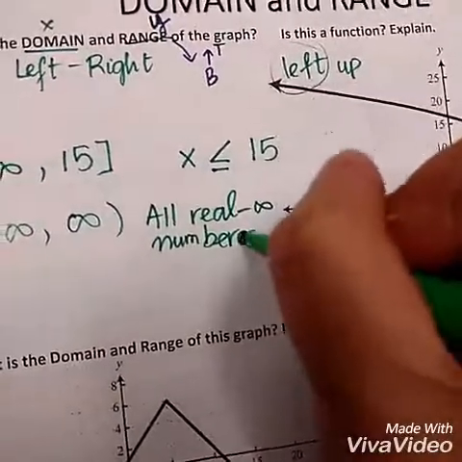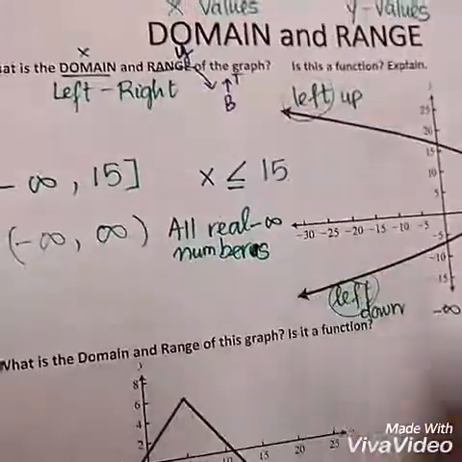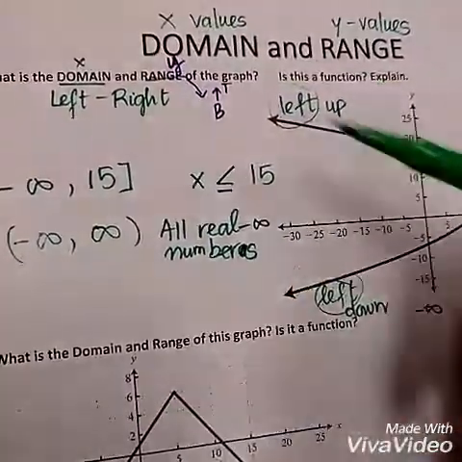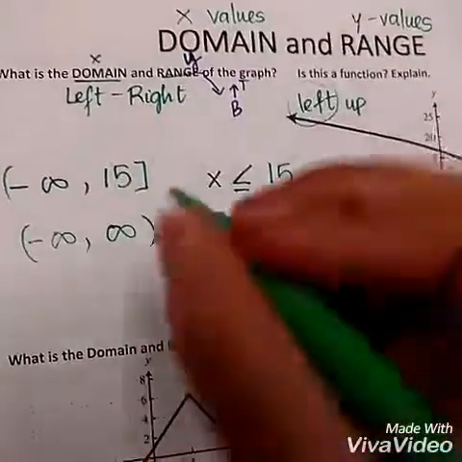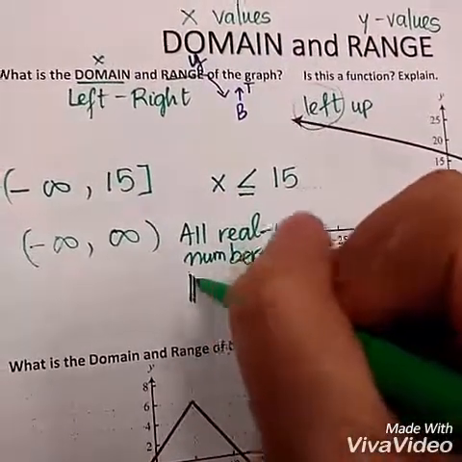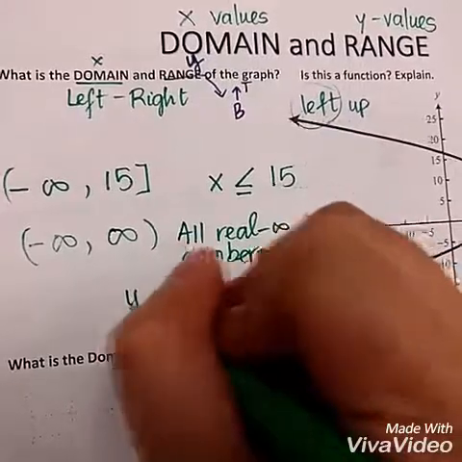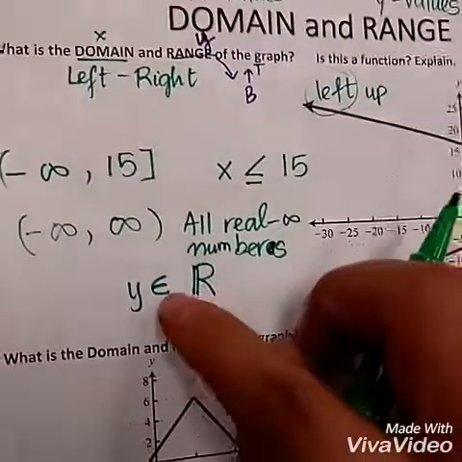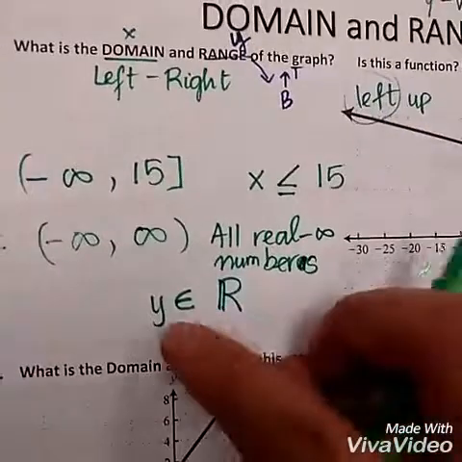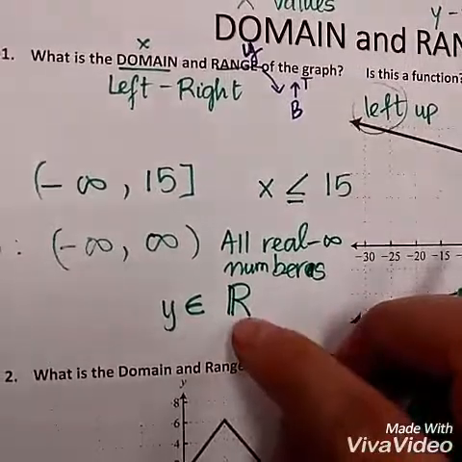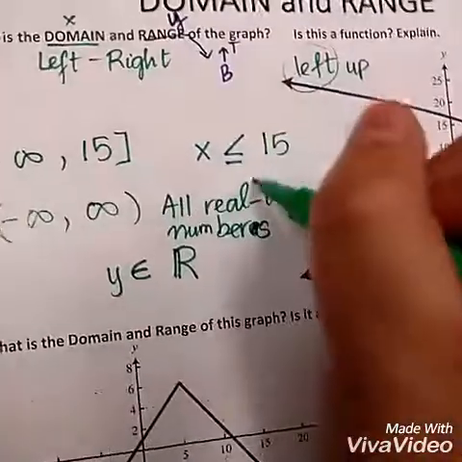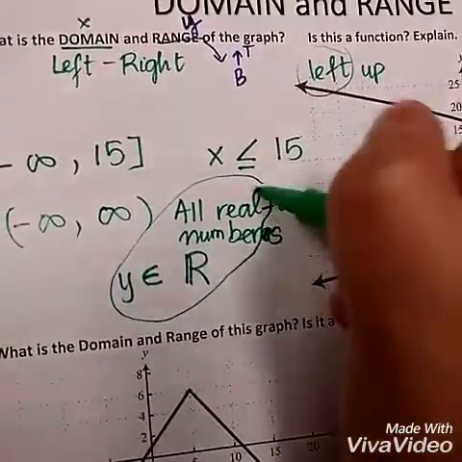Oh, I can't spell. Okay, all real numbers, taking all the negative infinity up and down. The letter for that is R. So you're going to see y is an element of R right here. It just means y is an element of the real set, and understand that means all real numbers.